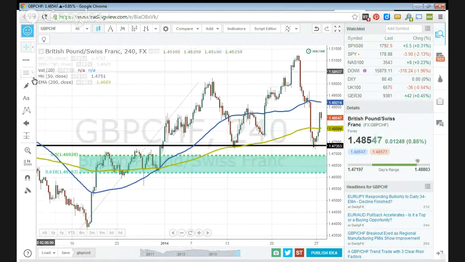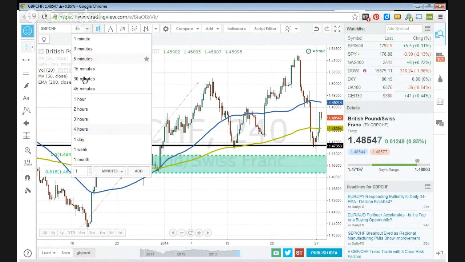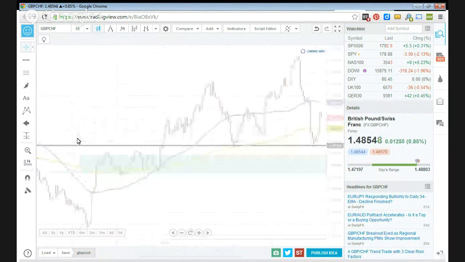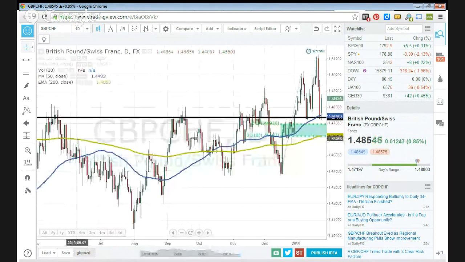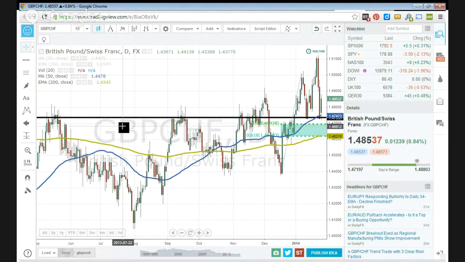Okay, so I will go long at this black line. Let's draw another. Where to put the stop? That's always a challenge.